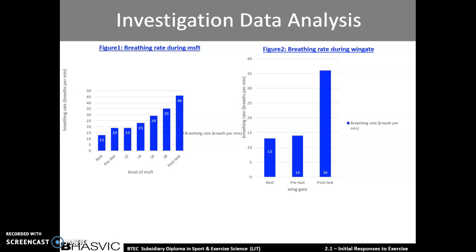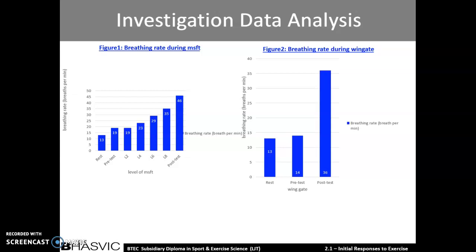They needed a lot of oxygen, and so their heart beat faster, and it pumped less efficiently for blood to flow to the rest of the body. Compared to the multi-stage fitness test, which lasted for 20 minutes, and the Wingate for 20 seconds, it shows how intense the Wingate really is, considering that their heart rate increased this much in such a short amount of time.